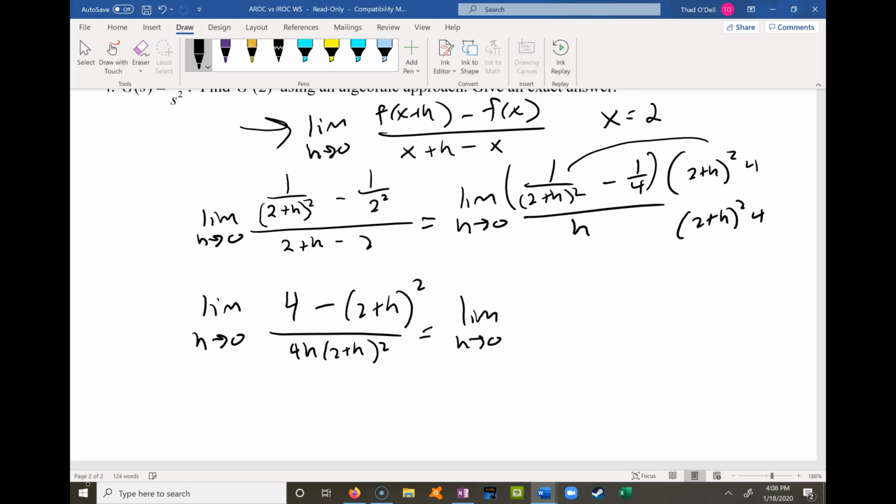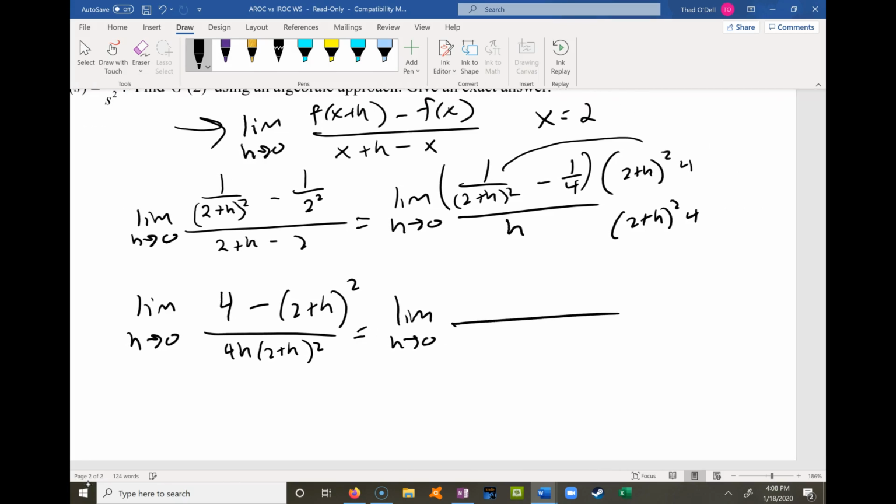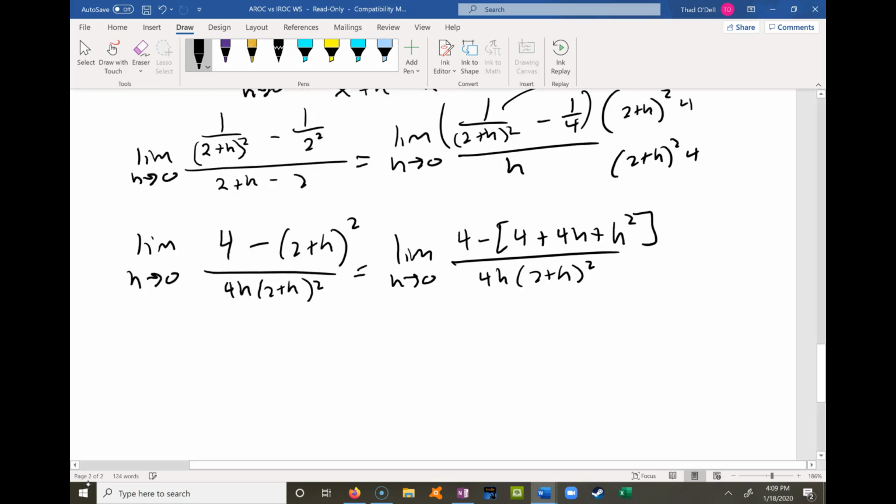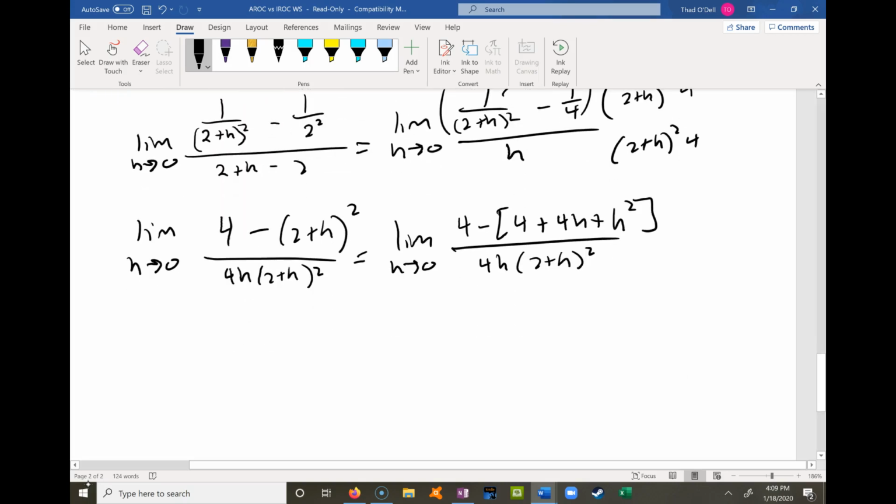Okay, so then on top, I'm going to have 4 minus, if I multiply this out, that would be 4 plus 4h plus h squared, and I still have 4h times 2 plus h squared on the bottom. So notice up here the 4's are going to cancel out, and I'm going to be left with a factor of h.